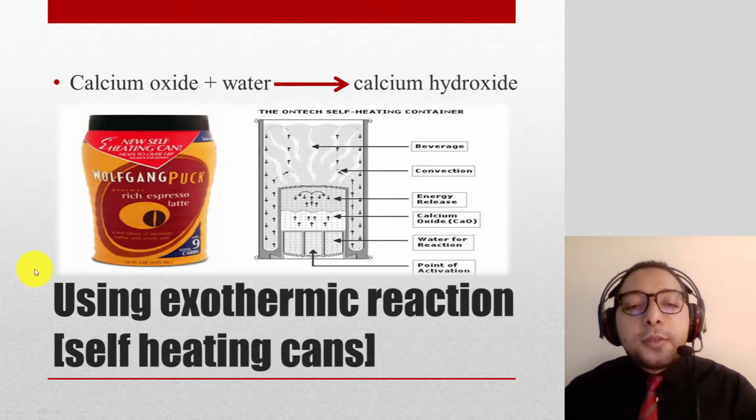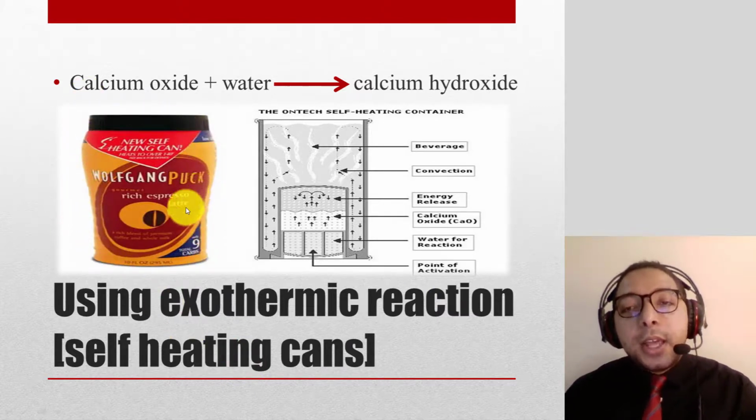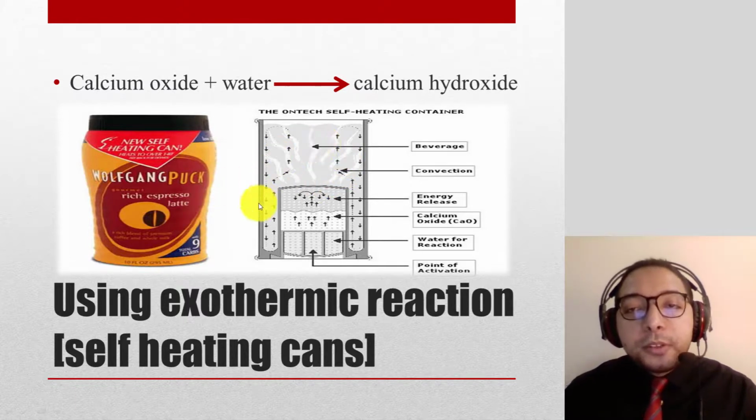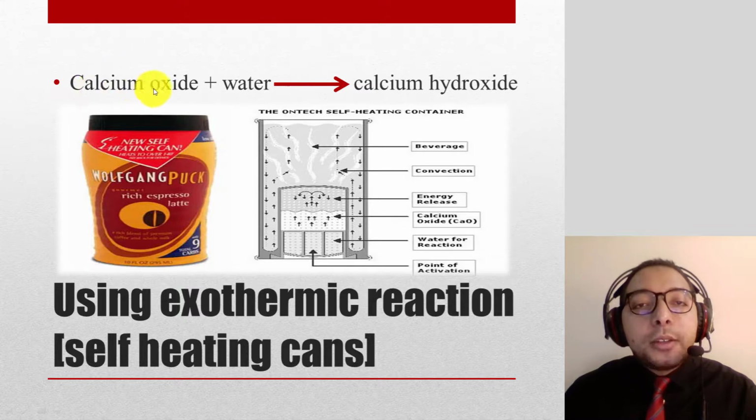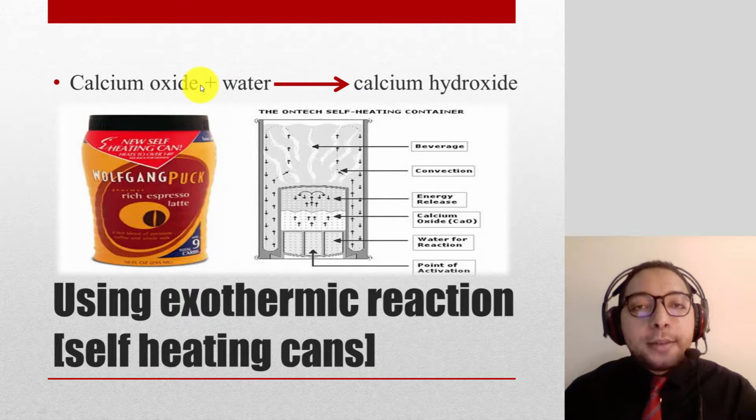Okay, let's discuss the first use for the exothermic reaction, self-heating cans. We have something called a self-heating can. A self-heating can has a chemical process that takes place inside it. In the self-heating can, you're going to find calcium oxide and you're going to find water. Both are found in separate parts inside the can.